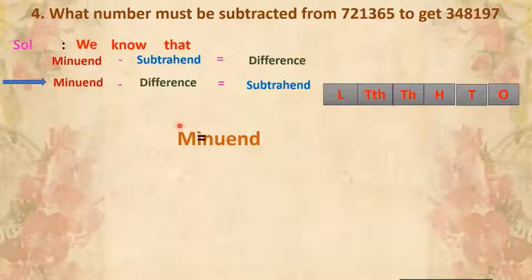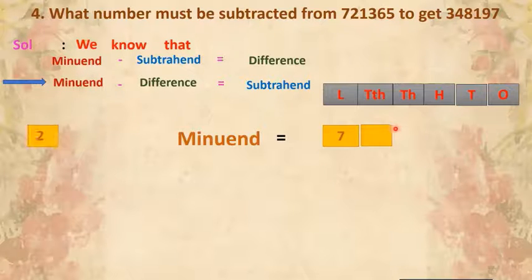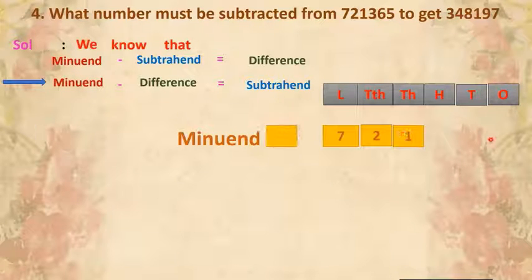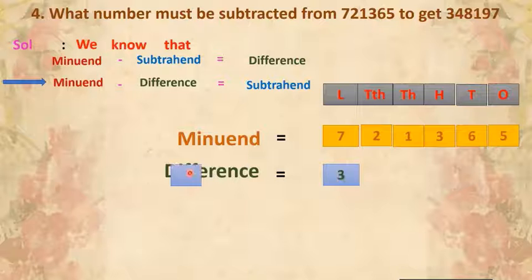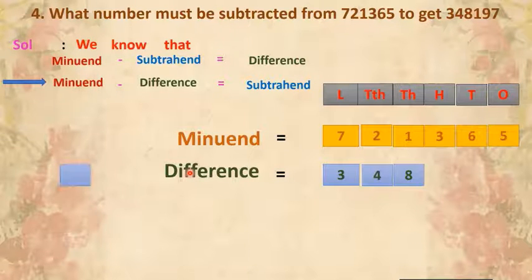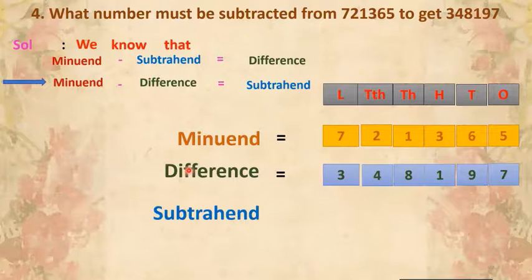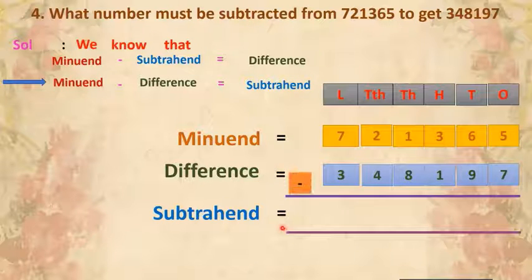First we have to write minuend is equal to 7,21,365. And next, difference is equal to 3,48,197. And now subtrahend, we have to subtract.